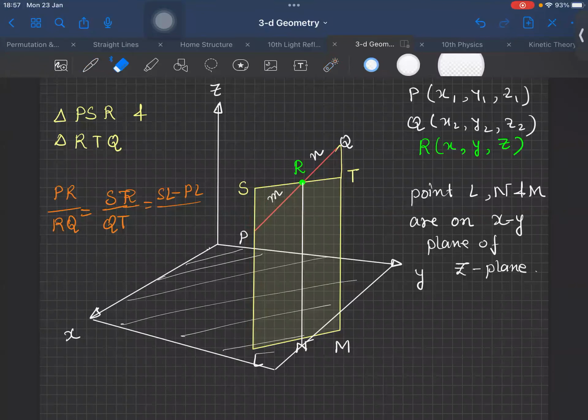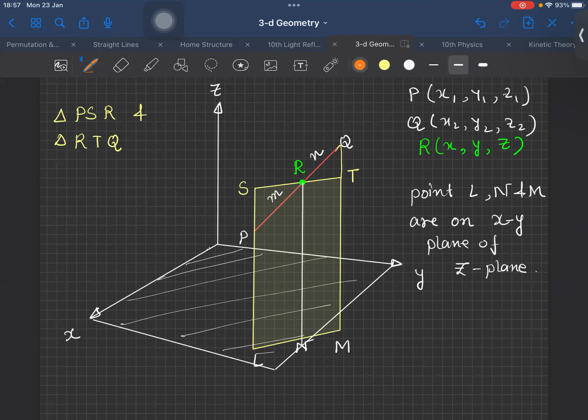Something is wrong, just a minute. M is to n. Okay, so PR upon QR should be equal to SP upon QT. Now how do we find this SP?